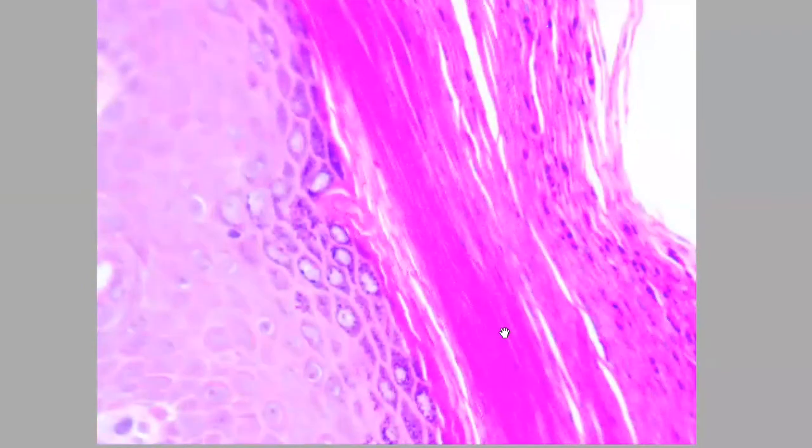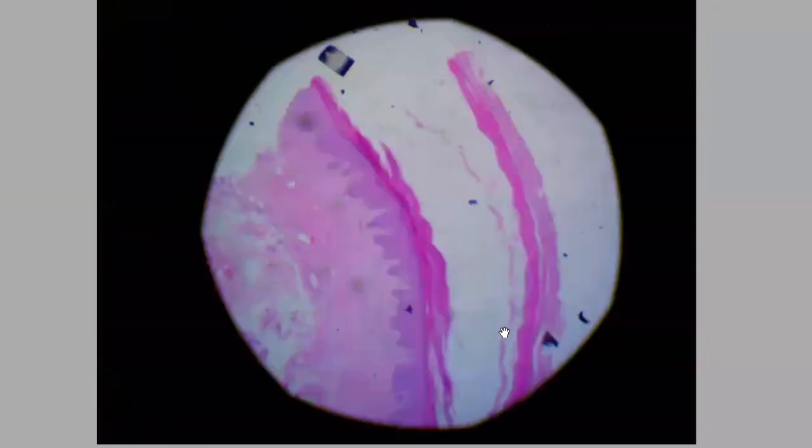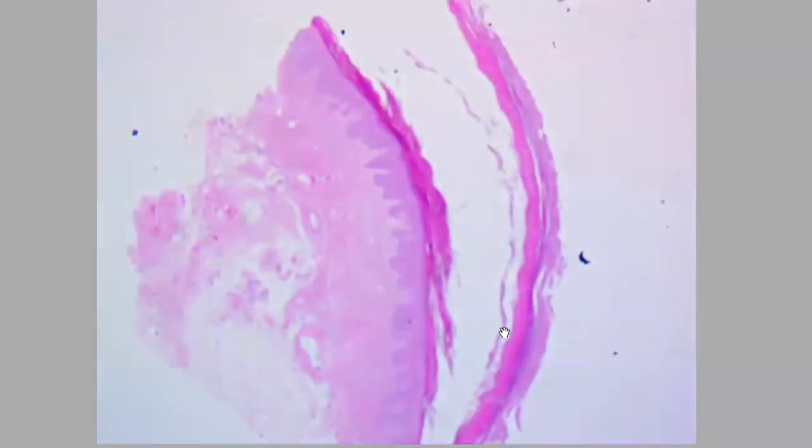So again, in summary, just to summarize all the features we spoke about. From the low power, we can see the test tubes, or we can see the thinning of the suprapapillary plate, and we can see the proliferation of the epidermis. We saw at higher power the parakeratosis and the neutrophils that are present.